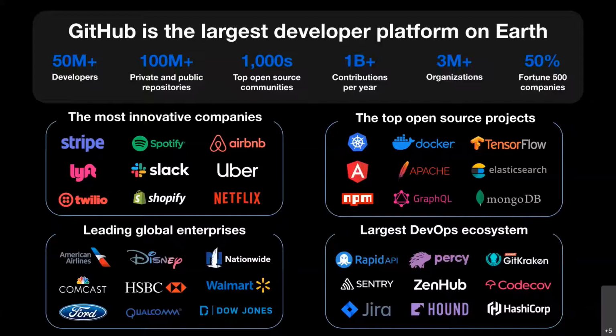And what GitHub actually provides to the community is a large DevOps ecosystem. So the whole process that I talked to you about, plan, build, code, test, deploy, monitor, you have different tools for doing each part of this cycle on a software project, even in open source.